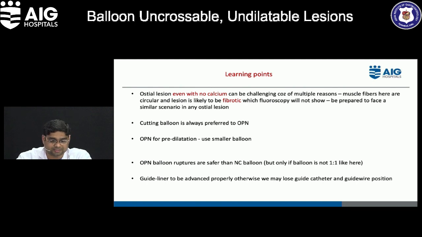This case was an exception, it's not the routine. And for OPN pre-dilatation, always try to use a slightly smaller balloon because we are going at very high pressures. OPN balloon ruptures are safer than non-compliant balloon ruptures, but the balloon should be of smaller size. And the guideliner is to be advanced properly, otherwise we may lose the guide catheter and guide wire position, and the result may be compromised.